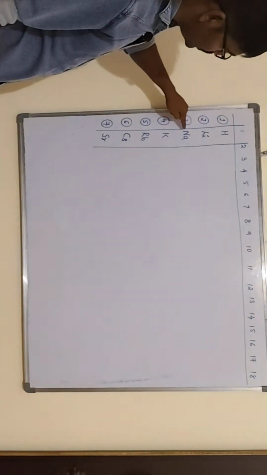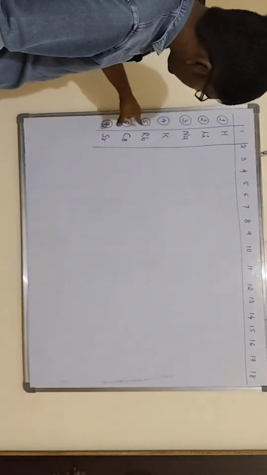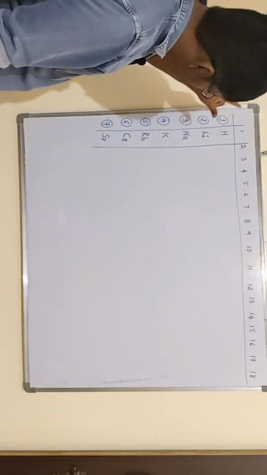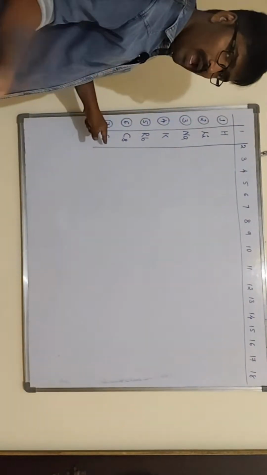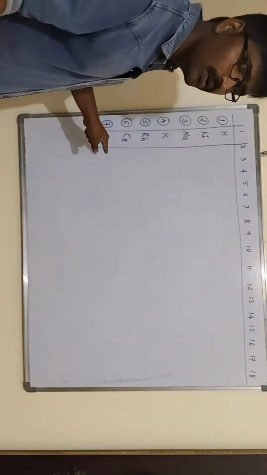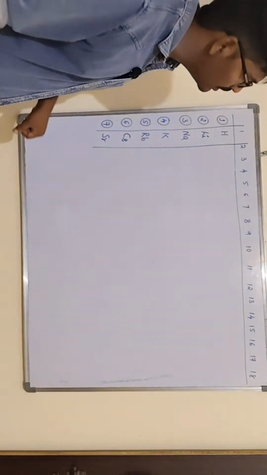Hydrogen, lithium, sodium, potassium, rubidium, all these are alkali metals. Elements in the same group have the same physical and chemical properties according to the modern periodic law.